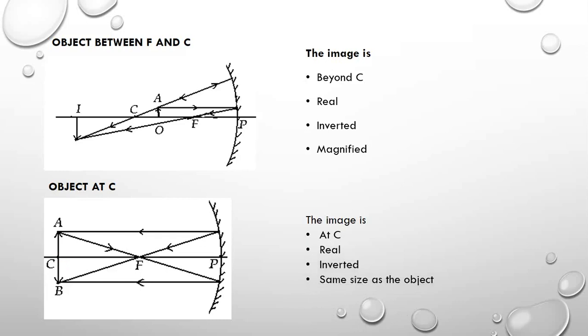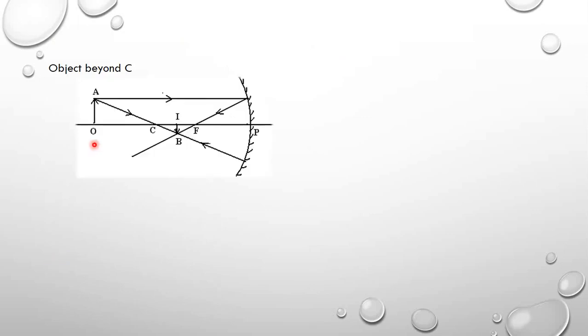Let's look at the next case where we have the object beyond C. When you place the object beyond C, this is what you're going to have. This is the object, this is C, and the object is beyond C. The same thing: a ray parallel to the principal axis is reflected through the principal focus. Then a ray from the top of that object through the center of curvature is reflected along the same path.